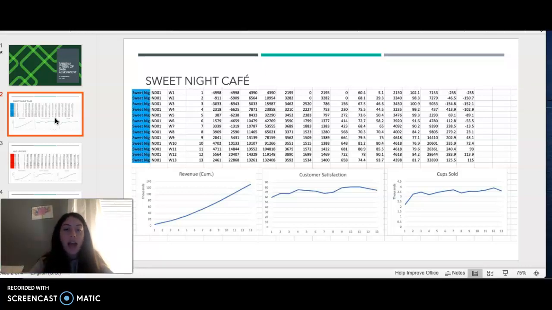When I looked at the charts for Sweet Night Cafe, I saw that the revenue was really going up, and their customer satisfaction was kind of going the same, maybe slightly declining, but they kept it about the same, which I thought was important. Cups sold was kind of weird, seeing that their revenue just kept going up, but if it stays the same, then obviously they're doing something well in their business.